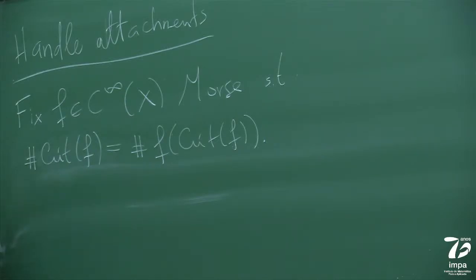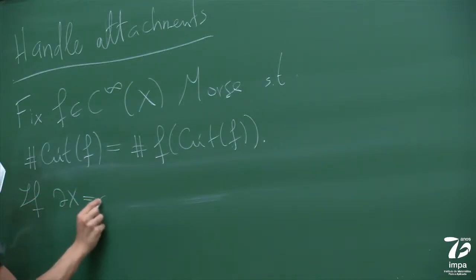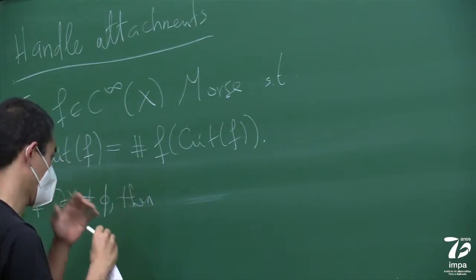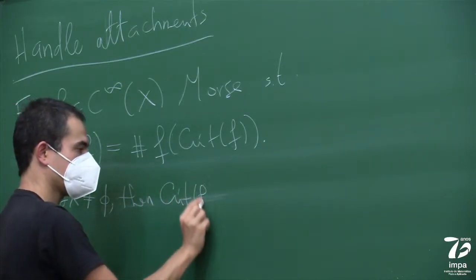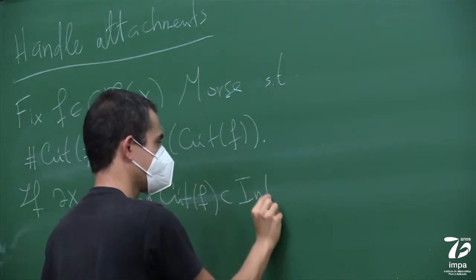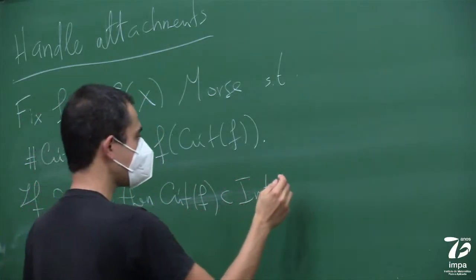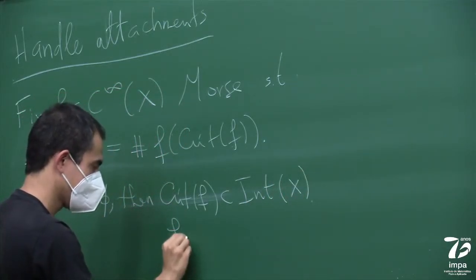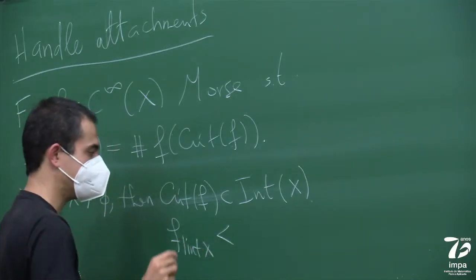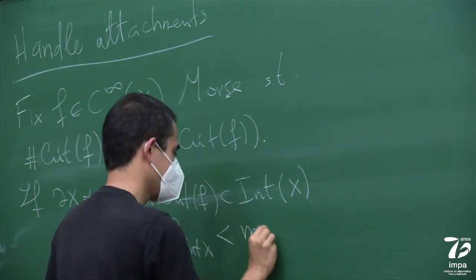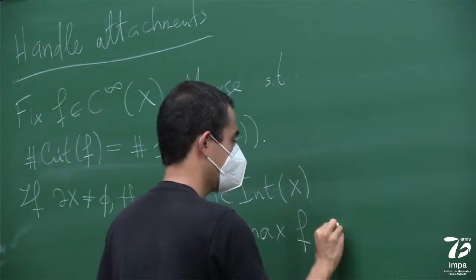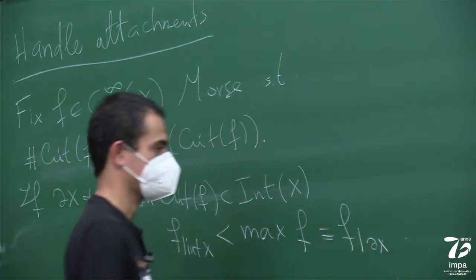And we also assumed that property about the boundary. So, if the boundary is not empty, then this set of critical points is contained in the interior of X, and the value of f in the interior is strictly less than the maximum of f, and that's equal to the value of f on the boundary.